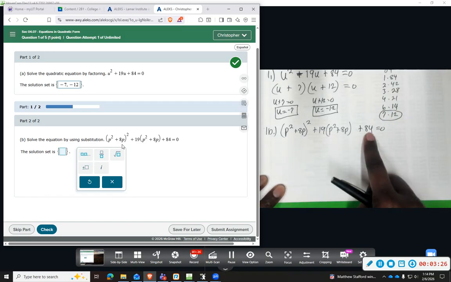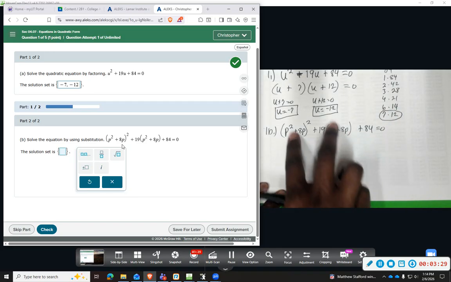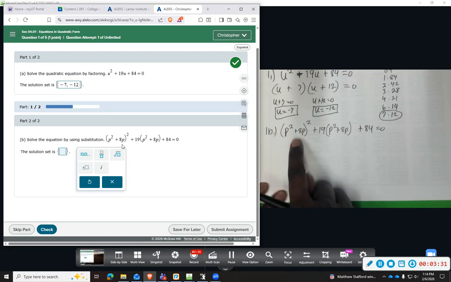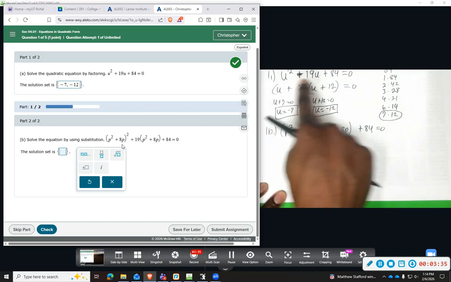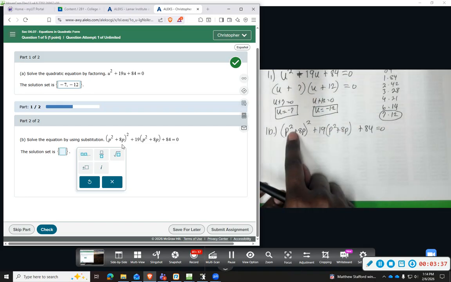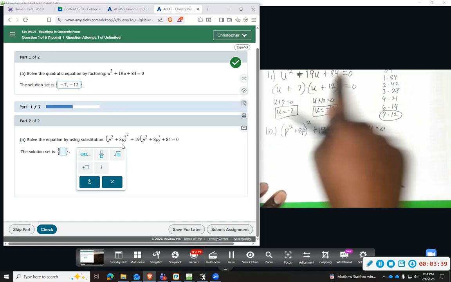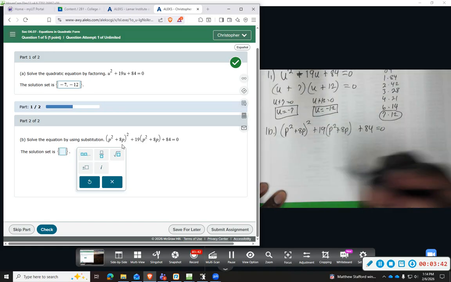Okay, so it's pretty much the exact same problem, except they have a different setup. So when they say substitution, usually we'll take something like this that we recognize as very similar to a quadratic and replace the variable. Usually we'll do a u substitution. I'm going to use v in this case.